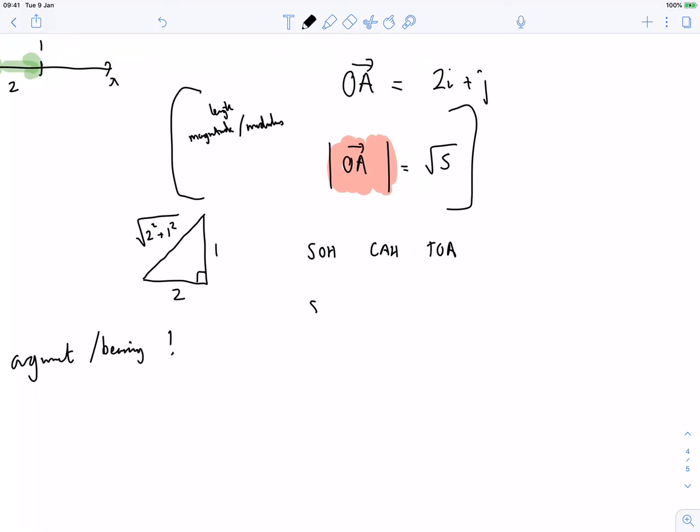So what does that mean? It means sine of an angle for a right angle triangle, if we call this angle theta, is the opposite side divided by the hypotenuse. Cosine of that angle is adjacent over hypotenuse, and tan of that angle, the tangent of that angle, is opposite over adjacent. And you should be pretty familiar with this kind of stuff.